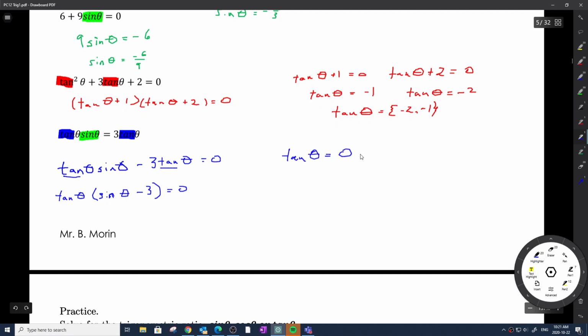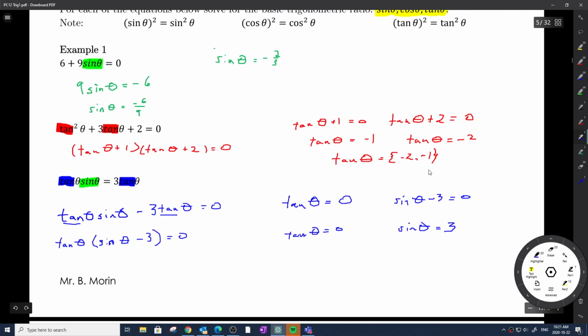We know that tan theta is equal to 0, and we also know that sine theta minus 3 is equal to 0. So I already have this solved for tan theta: tan theta can be equal to 0. Or solving for sine theta, sine theta can be equal to positive 3. Exactly what we have. Now this might take some practice, so definitely, please work on this. Have questions, please ask.